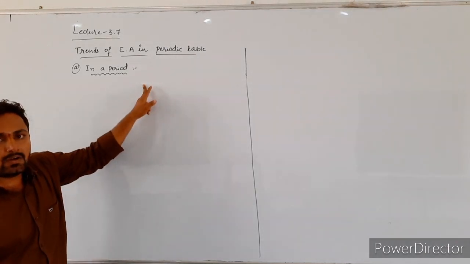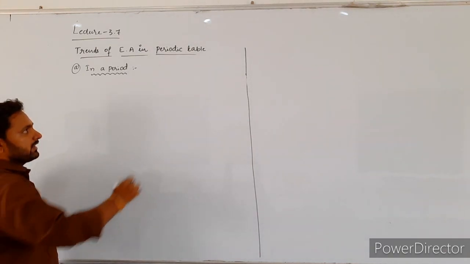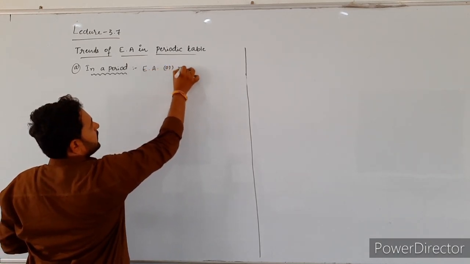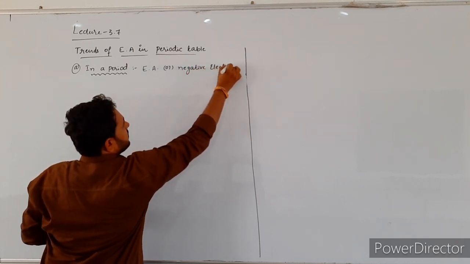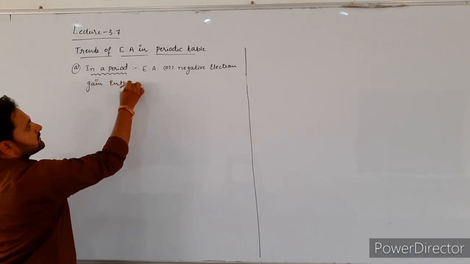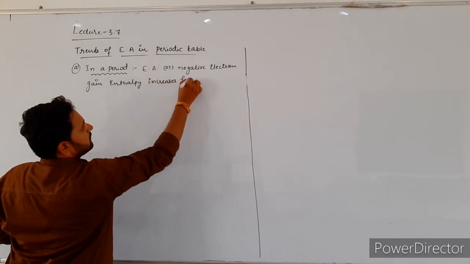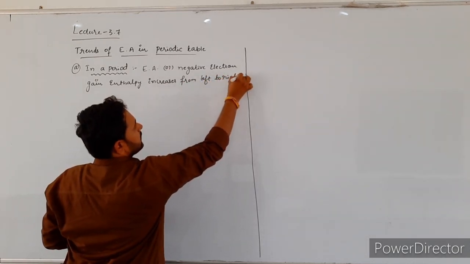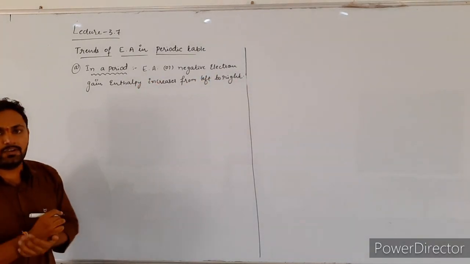In a period, electron affinity or negative electron gain enthalpy increases from left to right. Why does negative electron gain enthalpy or electron affinity increase from left to right?